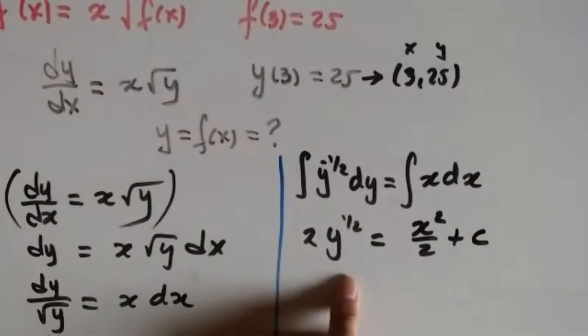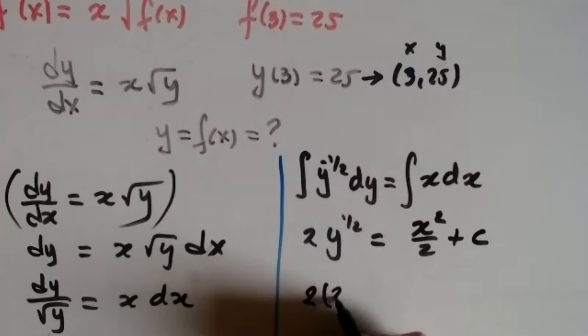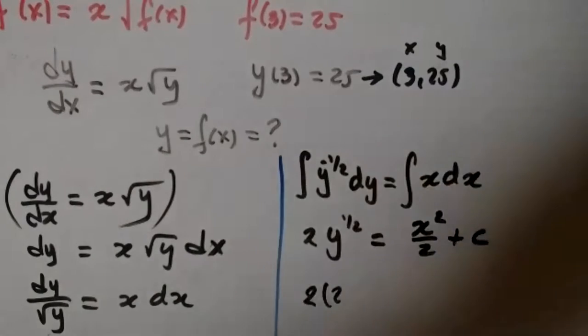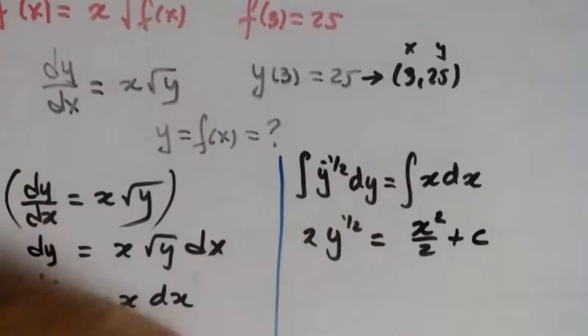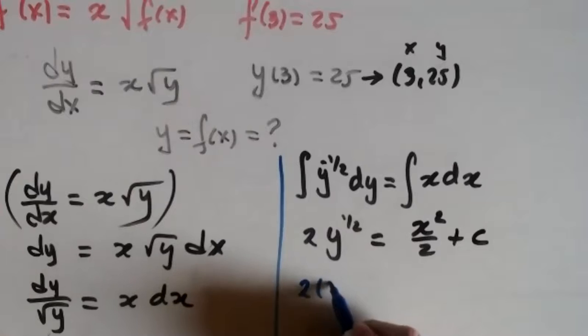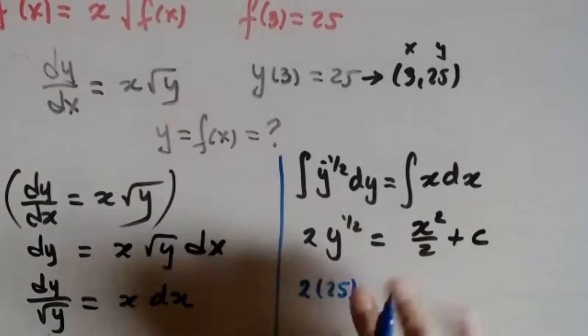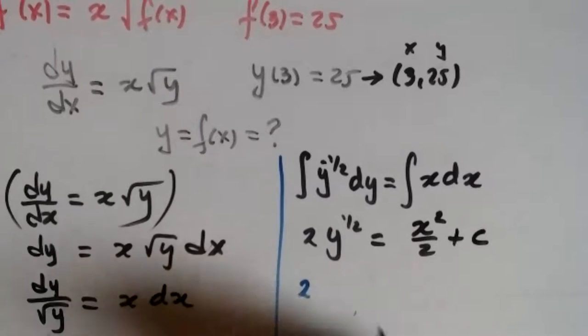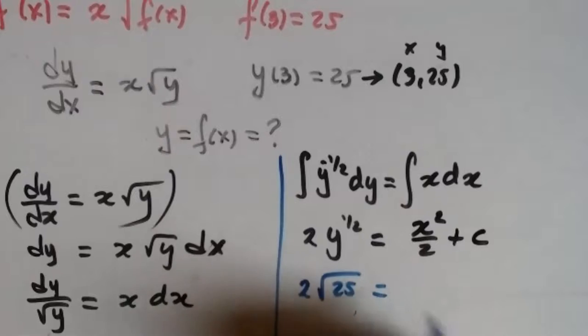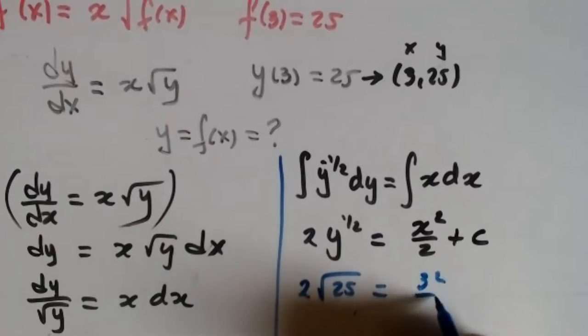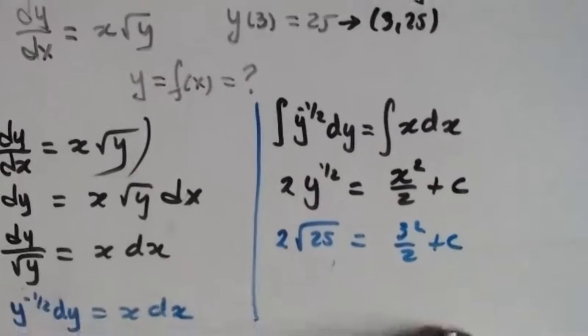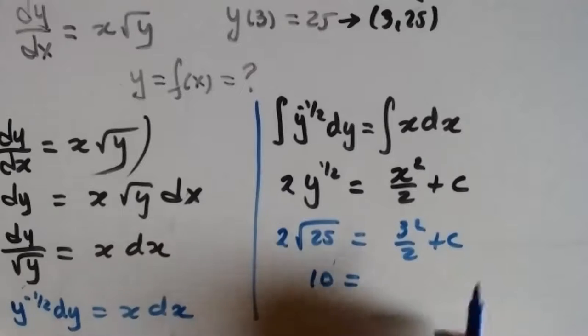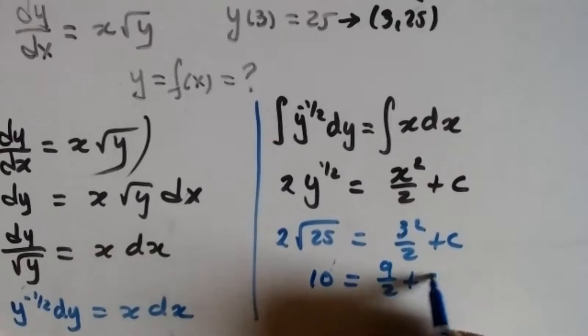So I put here y, so it's 2 times the square root of 25, that's basic algebra. This is 2 times 5, which is 10, equals 3 squared over 2 plus c. So 9 over 2 plus c.